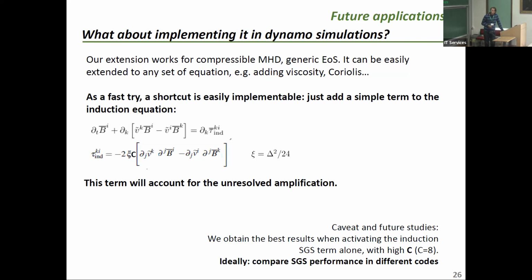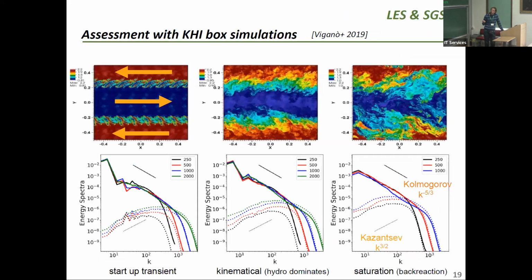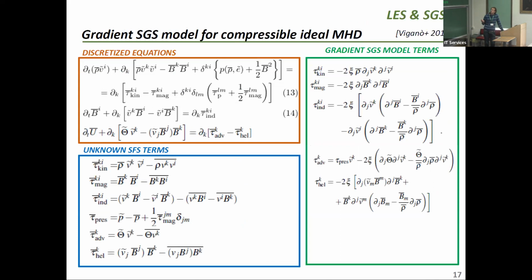In principle, you can take any equation you want. Here I show you what we needed, which is pretty simple compressible ideal MHD. But anytime you have a nonlinear term, it's usually very easy to develop, because if it's just products, then you end up with products of gradients. So you can add thermal diffusivity, resistivity, viscosity, whatever, Coriolis.